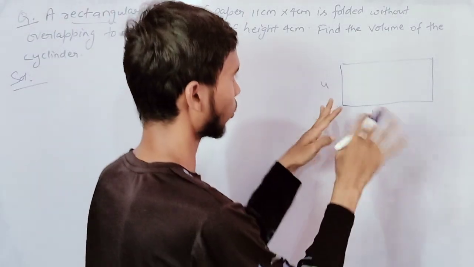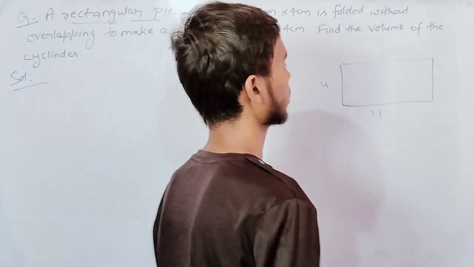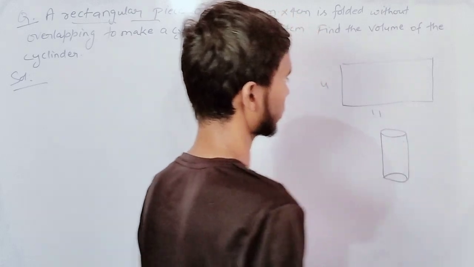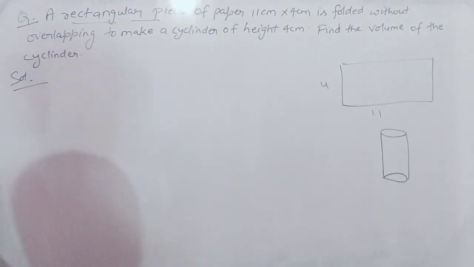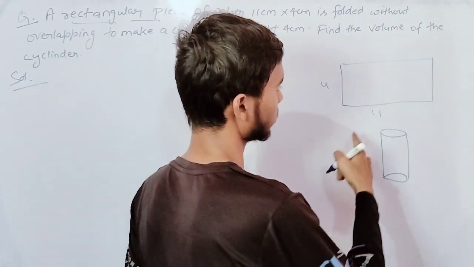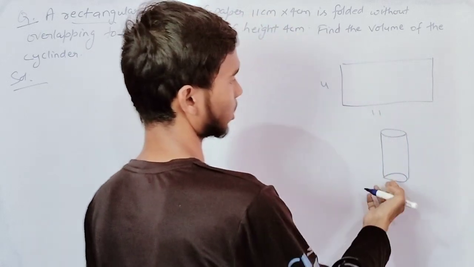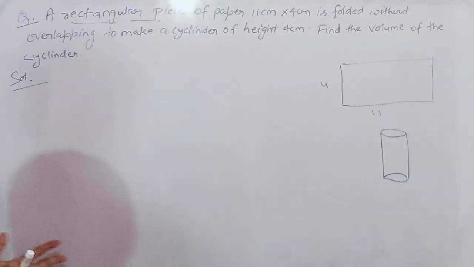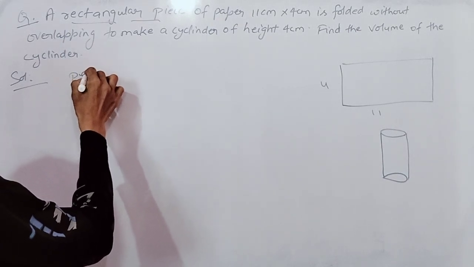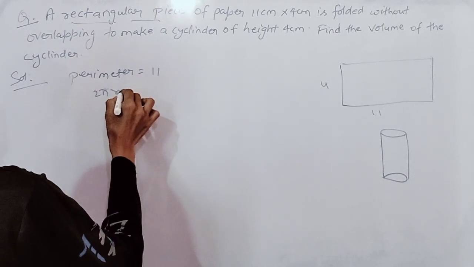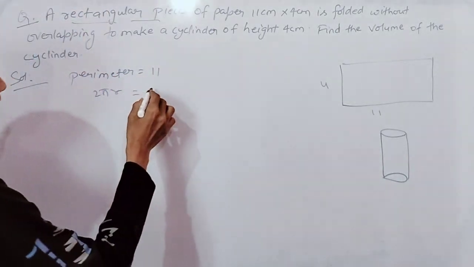Now when it is folded, it looks like this. So now we have to find the volume of this cylinder. Now if this is 11, it means the perimeter of this is 11. 2 pi r is 11.